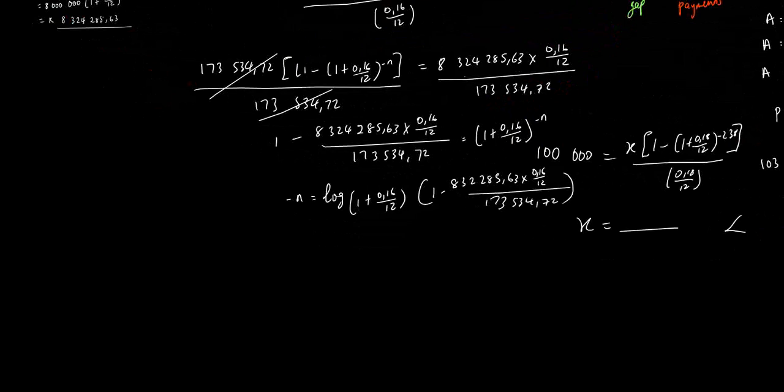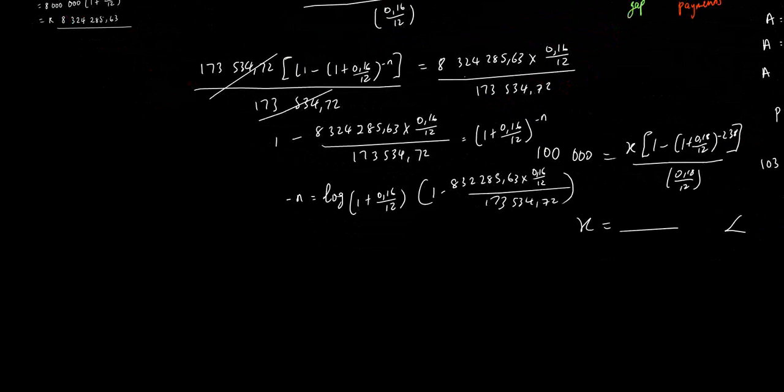Once you get the answer, you say log base 1 plus 0.16 over 12. Make sure you use the correct button for the log. I get a negative number, then I'm going to divide by negative 1.